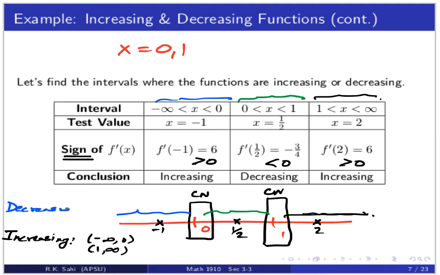So what is the decreasing open interval? It's from 0 to 1. So here we have the open intervals from minus infinity to 0 and 1 to infinity. Clearly, this table and this little visual representation give us all the answers.